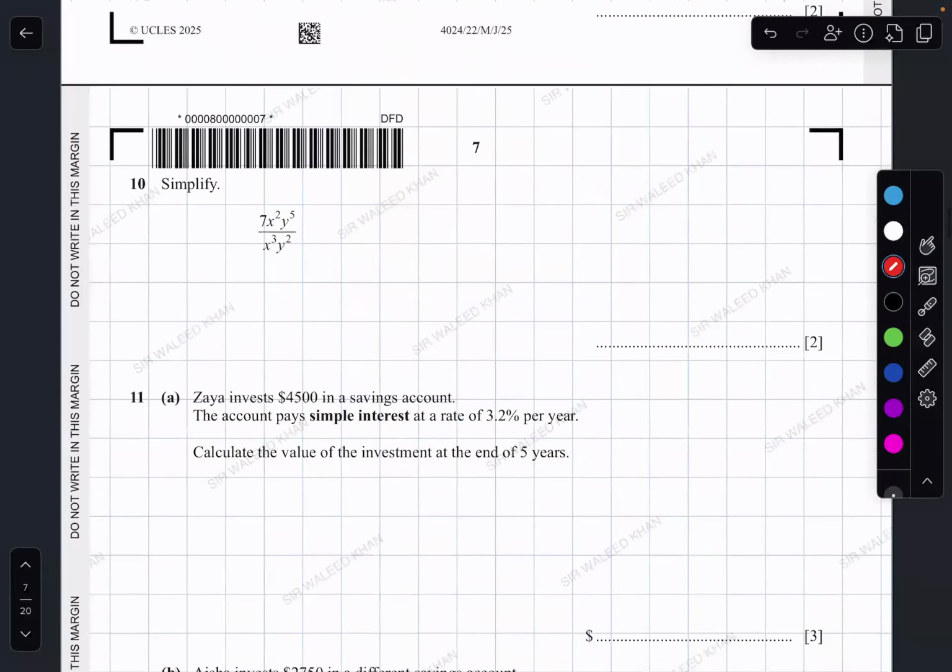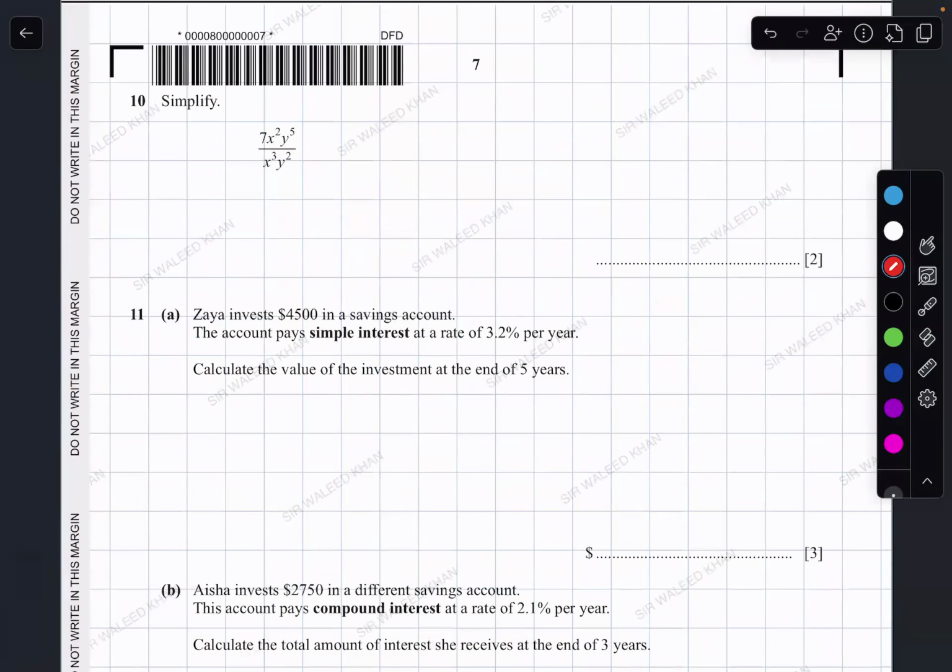Okay, next, simplify this. 7x square y power 5 over x cube y square. We have to simplify it. So let me write it and then simplify it. 7x square y power 5 over x cube y square.